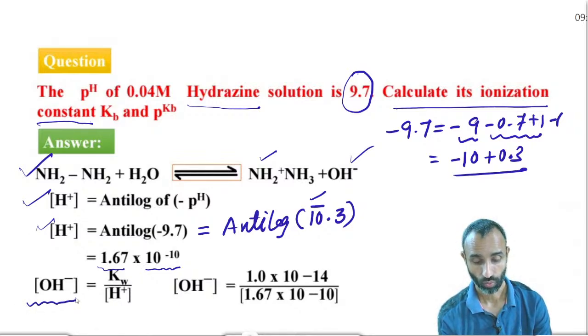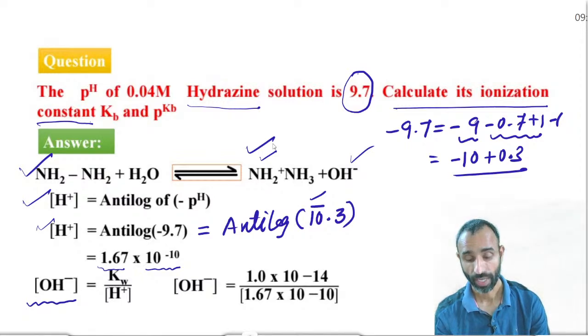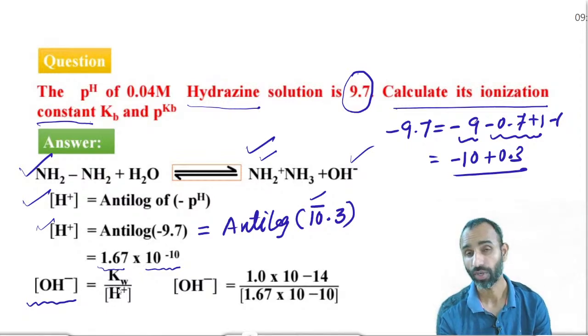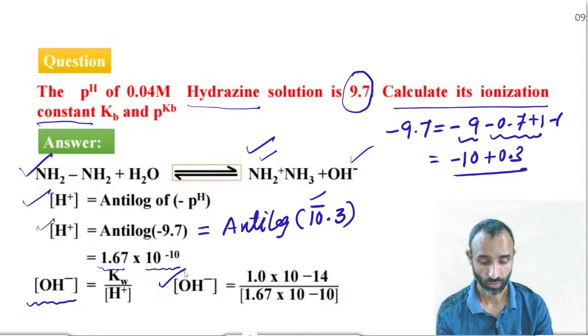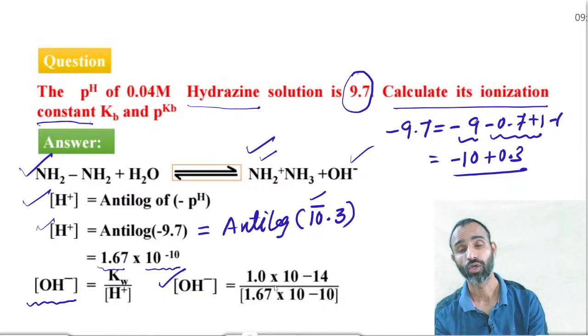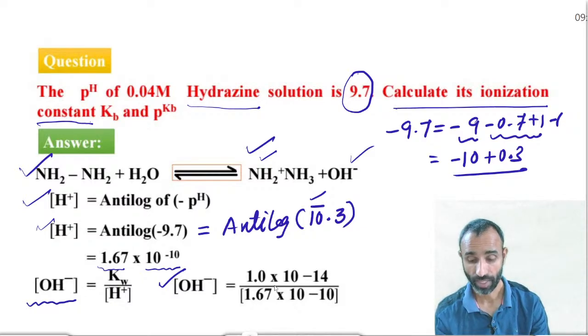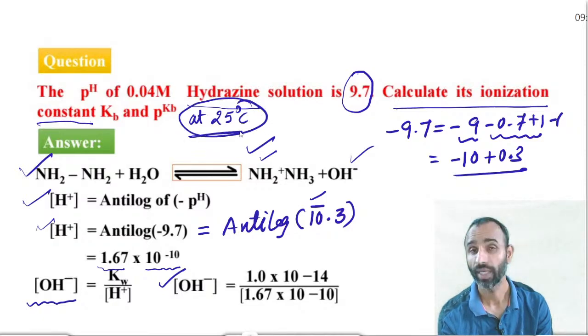So from this expression, OH negative ion is equal to Kw by H plus, because the ionic product of water is H plus ion concentration into OH negative ion concentration, and therefore OH negative ion concentration is equal to Kw divided by H plus. As the temperature is not mentioned, we consider it as 25 degrees Celsius.